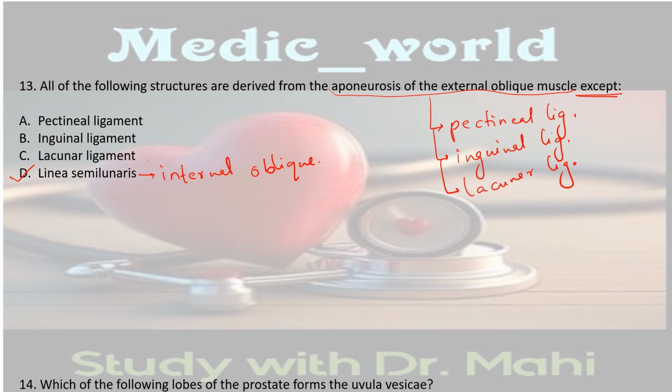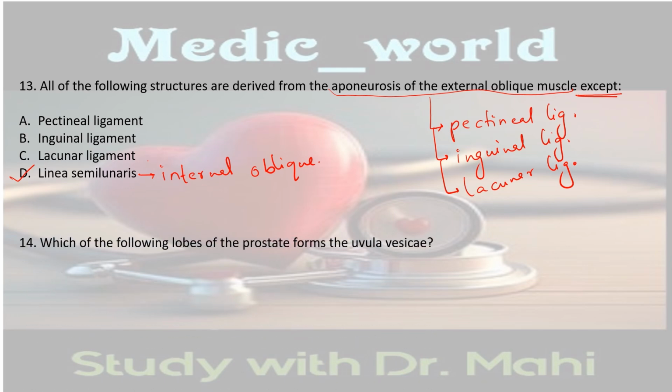Now, let's move towards the other question. Which of the following lobes of the prostate forms the uvula vesicae? We all know that median lobe of the prostate forms the uvula vesicae. What is uvula vesicae?